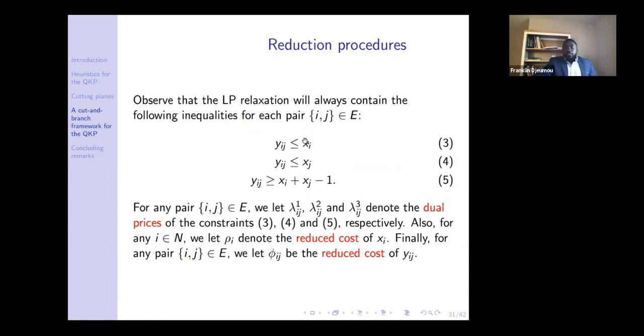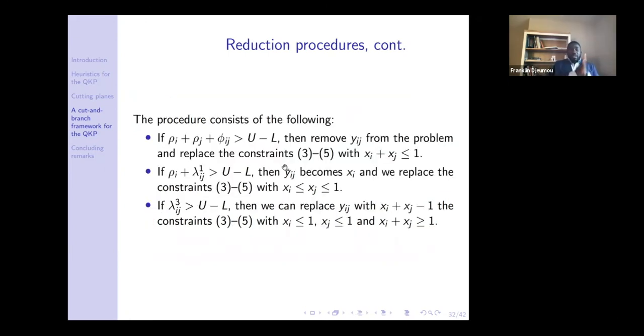We define for each of them the dual price of each of the constraints, and we also define the reduced cost of each of the three variables, meaning xi, xj, and yij, sorry. So what we have here are some results that allow us to eliminate some variables and some constraints.